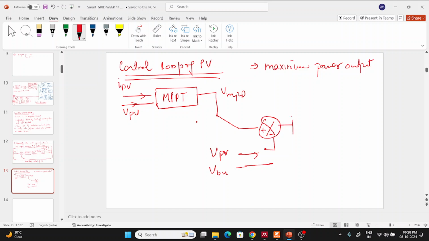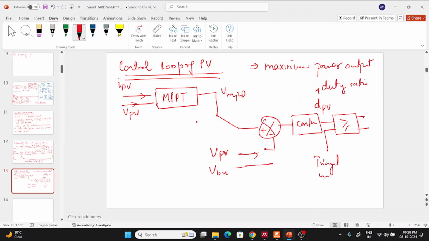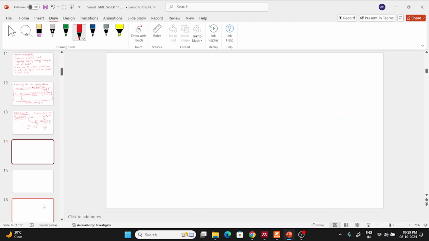This will be given to the controller. Then the duty ratio of PV, what is DPV? It is the duty ratio of the converter which is connected to the solar. Then a triangular wave is also given, and based on that it will command the switch status. So this is the inner loop of the PV, battery and other things.